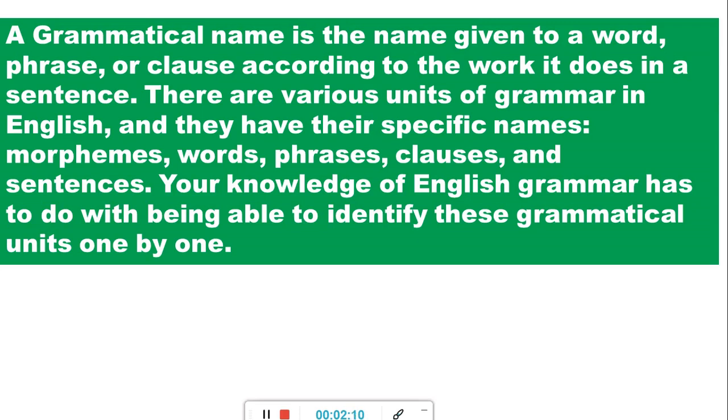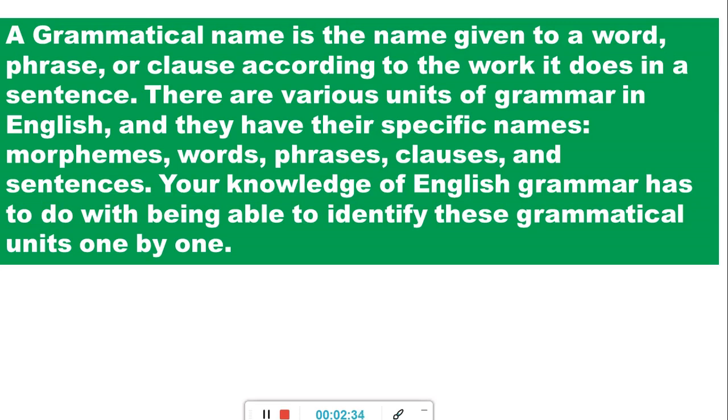For example, a morpheme is the smallest indivisible unit of grammar that sets meaning apart. Morphemes combine to form a word, words combine to form a phrase, phrases combine to form a clause, and clauses combine to form a sentence.